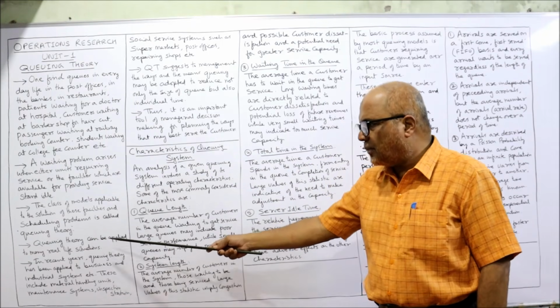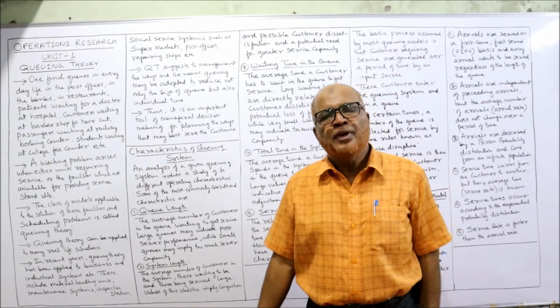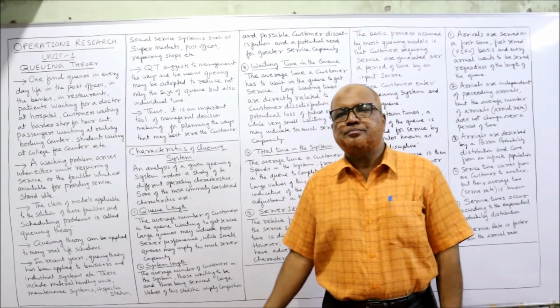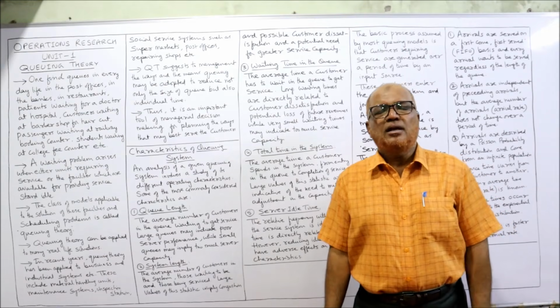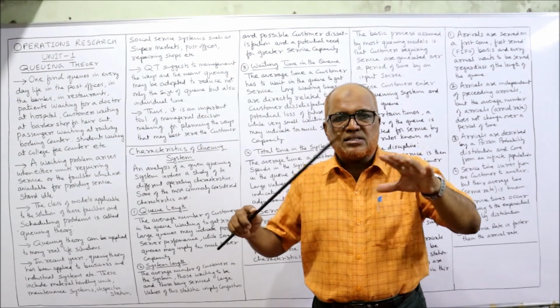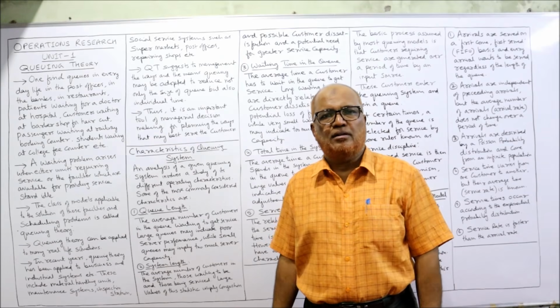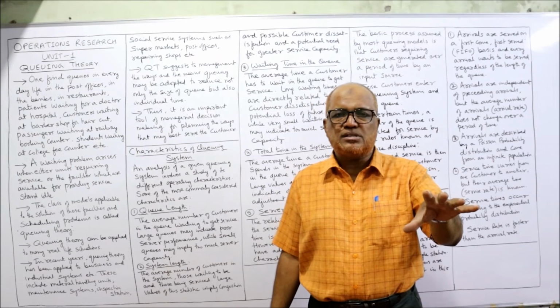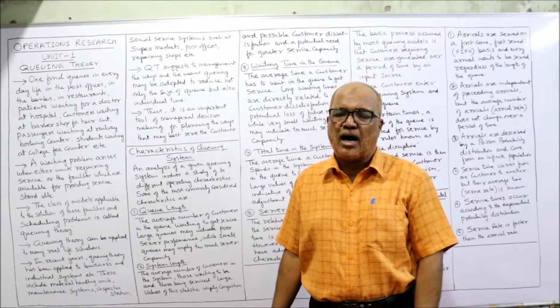Now queuing theory can be applied to many real life situations. Not only these few examples, but there are a number of cases where this type of process will be there, and whenever this type of system is there, we can apply queuing analysis.